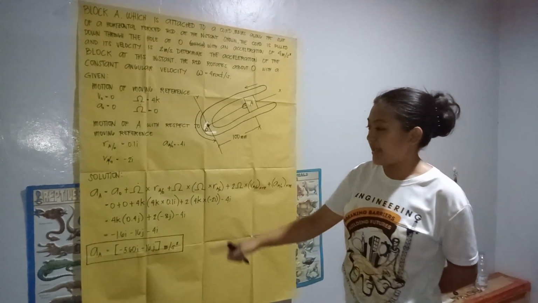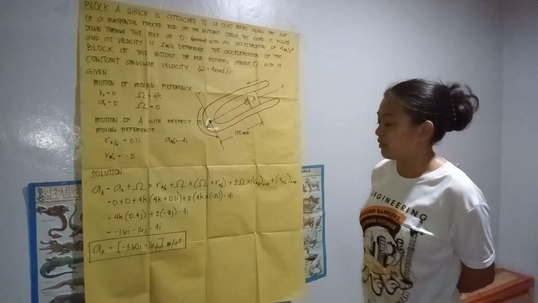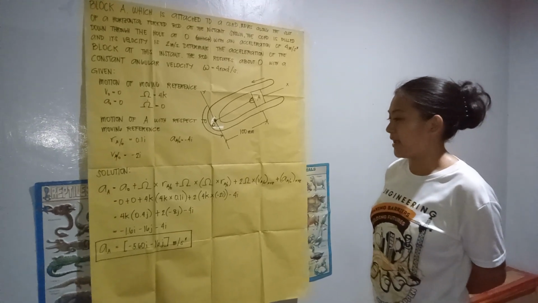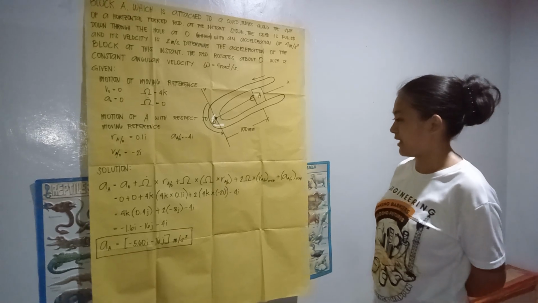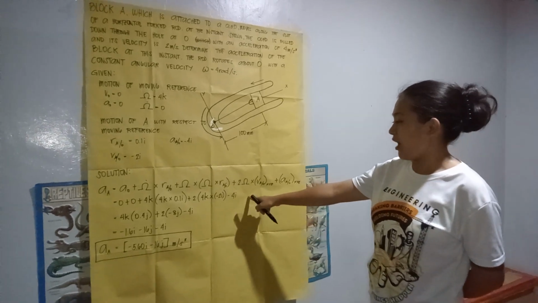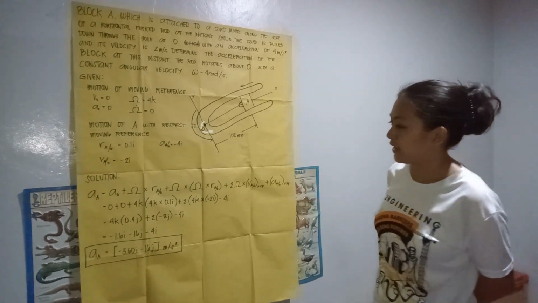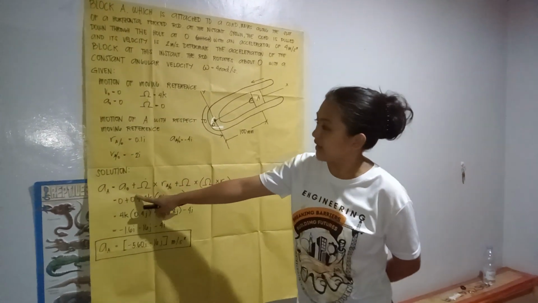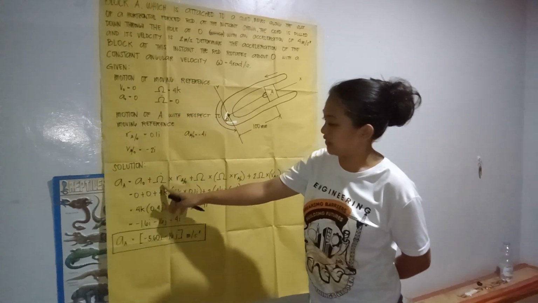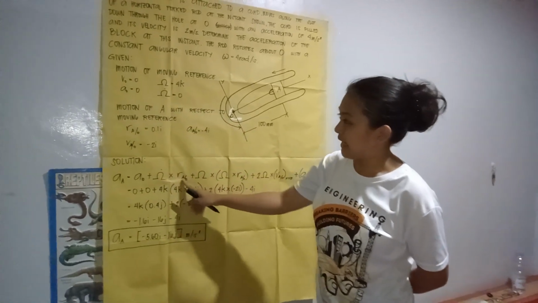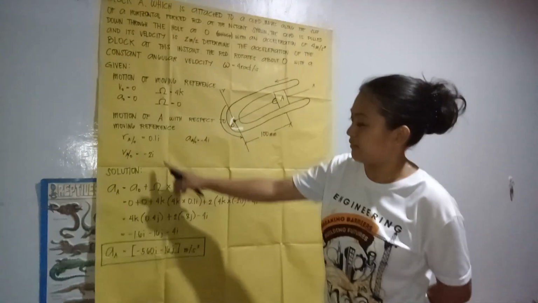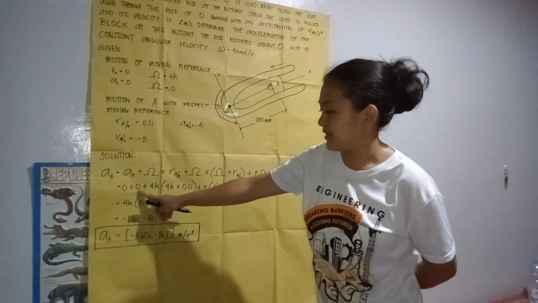A is equal to A_O plus omega dot times r_A plus omega times omega times r plus 2 omega times v_rel plus a_rel. Our A_O here is 0, and our omega dot is 0 times the radius, 0.1, so it's still 0.